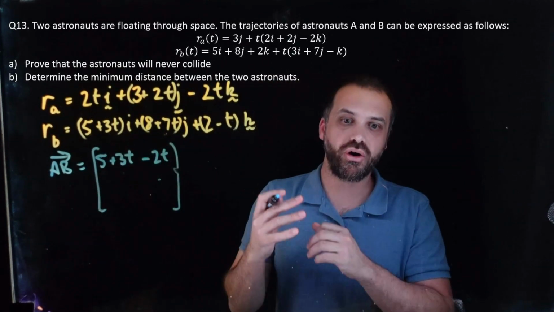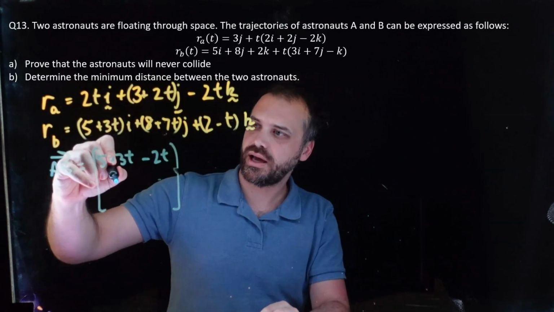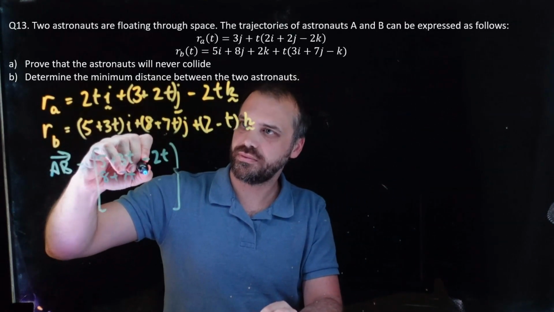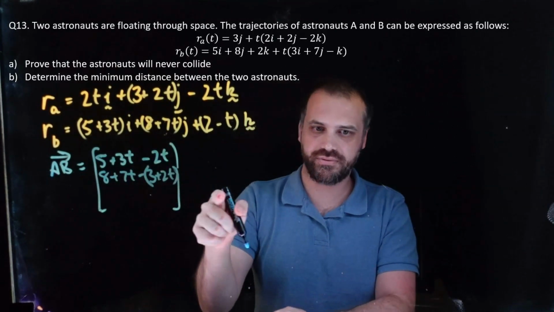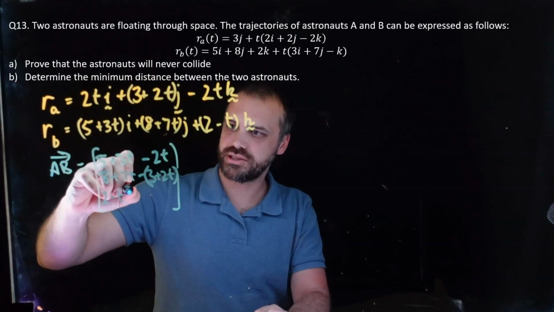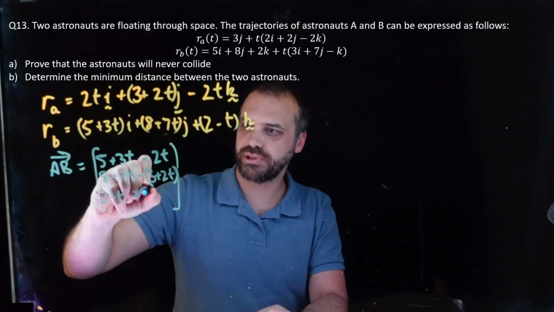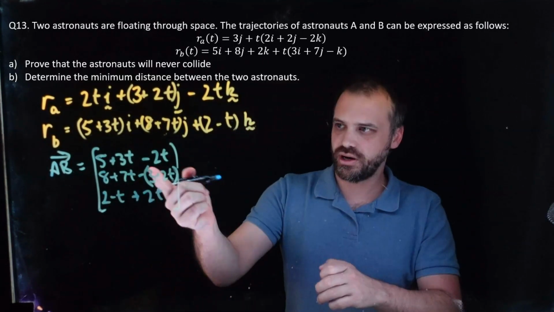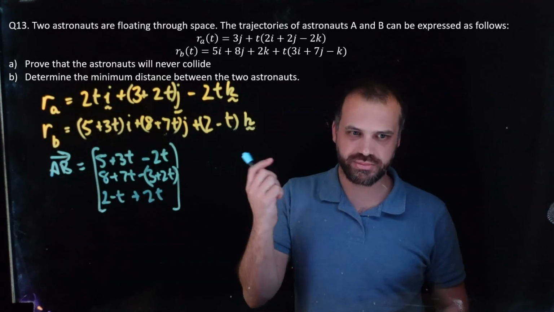That is going to be my I component of the vector AB. Then 8 plus 7t minus 3 plus 2t. Be careful there. And then finally we've got 2 minus t minus 2t. So plus 2t. Alright, we've got something there. I can tidy that up a little bit, group some like terms, etc.